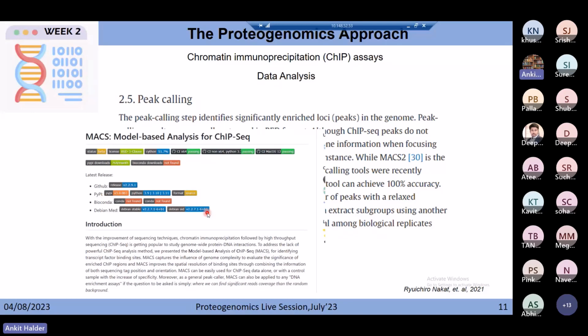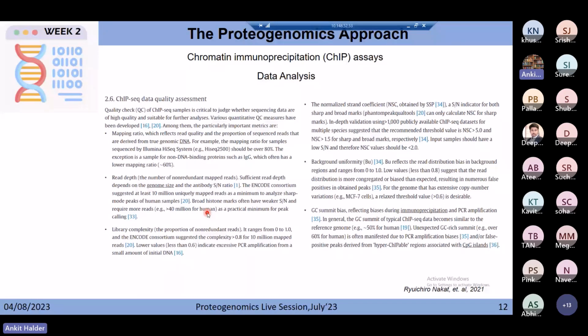Second, and the third most important thing, as I had previously mentioned, is that quality control is very important for any kind of sequencing data. Here also the quality check is critical to judge whether the data are of high quality and suitable for further analysis. These are some of the parameters through which it is checked how good the data quality is for the ChIP assay.